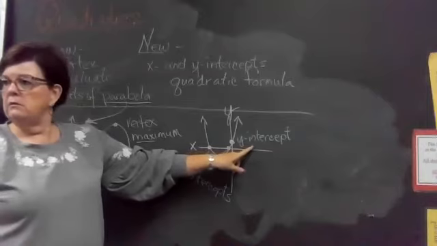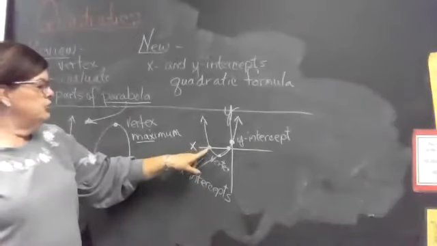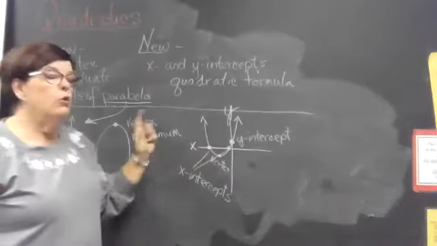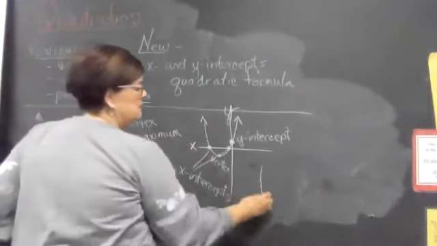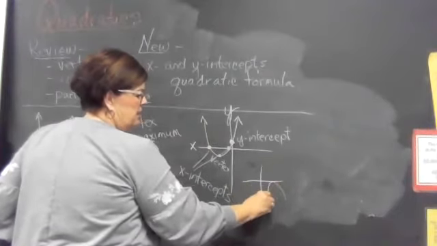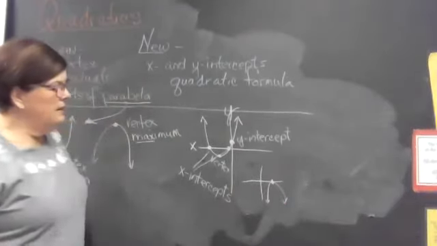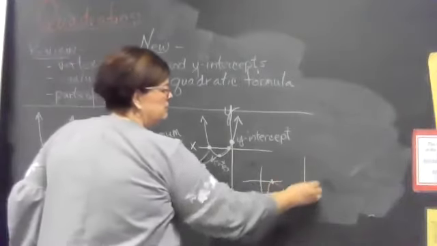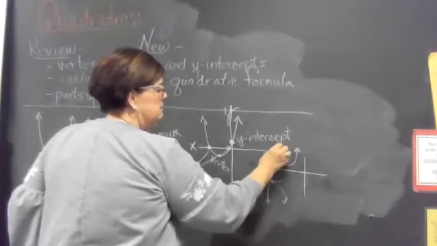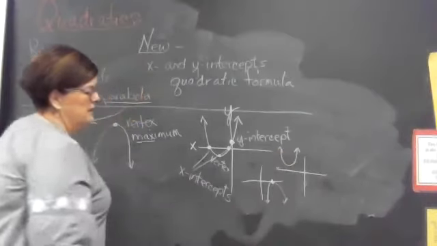Now we found out yesterday that you can have two x-intercepts, which is the most popular, or one x-intercept, which would be if the parabola came and just touched the x-axis once, or it's very possible to have no x-intercepts, where the parabola never comes close to the x-axis.